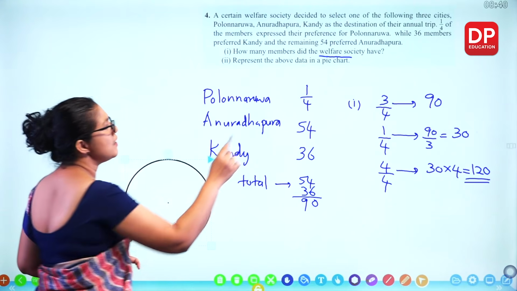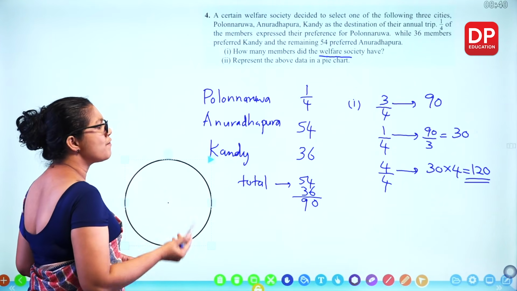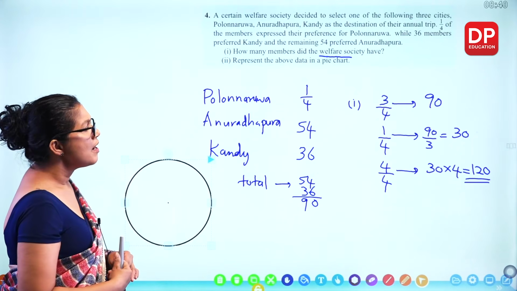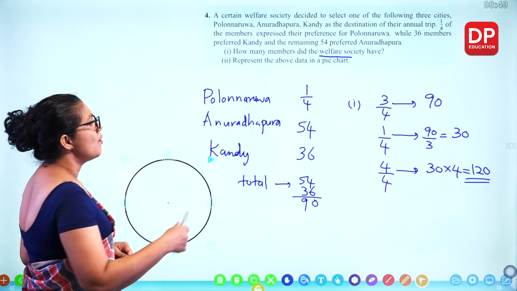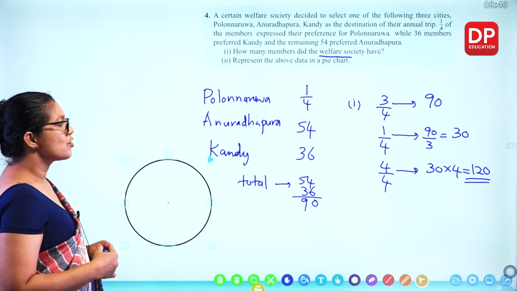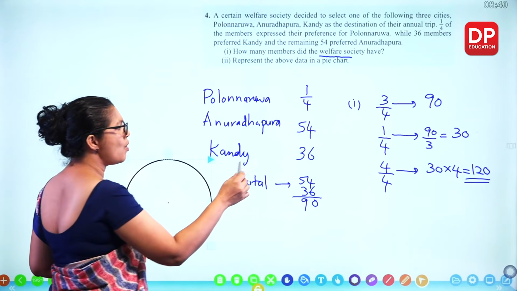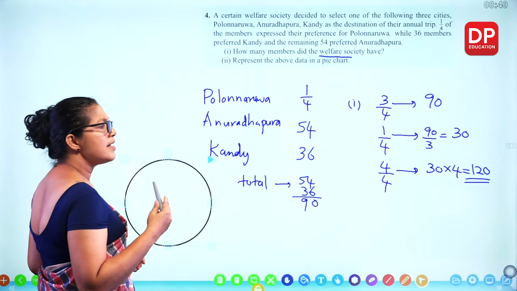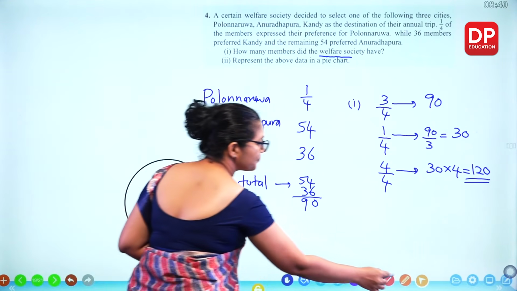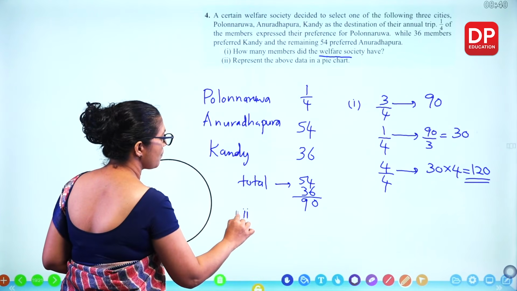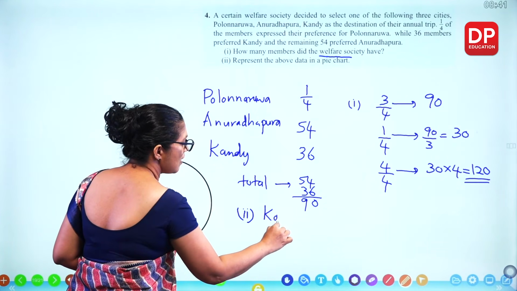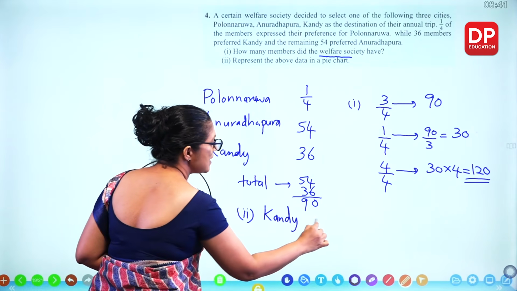Here we have information like this. 1/4 is there. You can mark 1/4 to Polonnaruwa. What about the other ones? We need to find out the fractions. So to find out the fraction, we know altogether 120 members are there. So first we'll find out, we'll take Kandy and see what's the angle for Kandy.